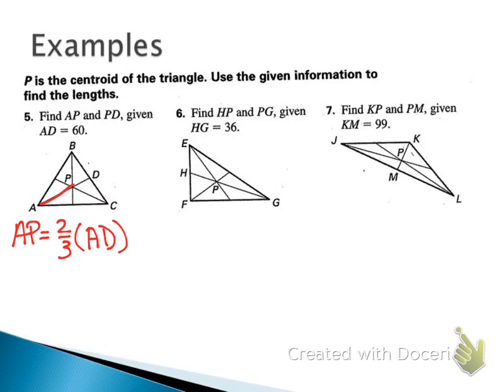This is just like the problem above that had all the work written out. What's the length of AD? 60. They told us that in the problem. So we have to take 2/3 times 60.